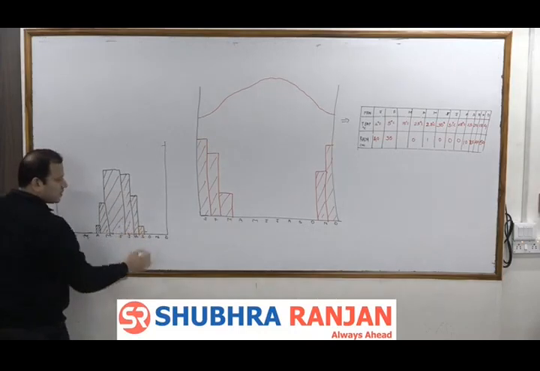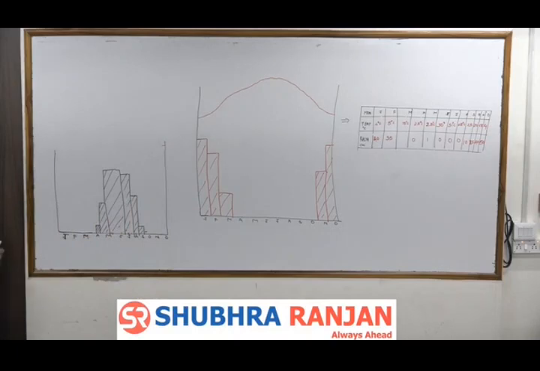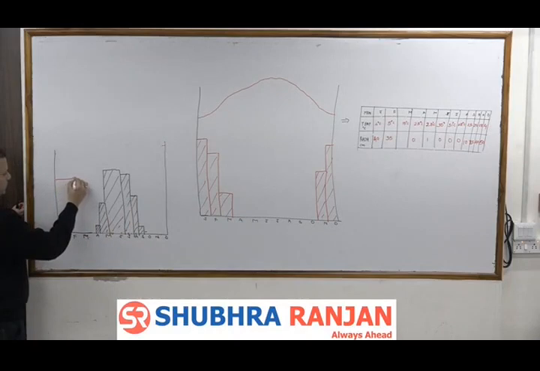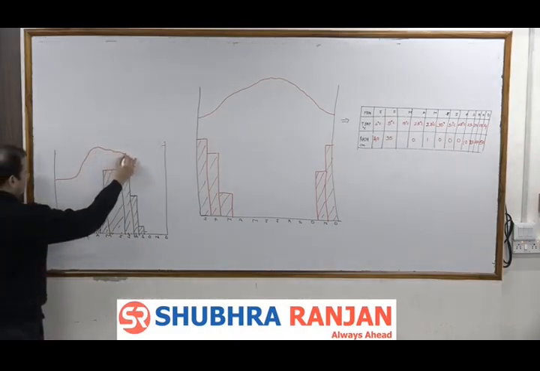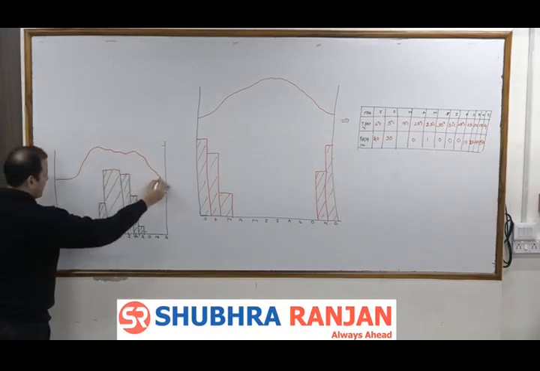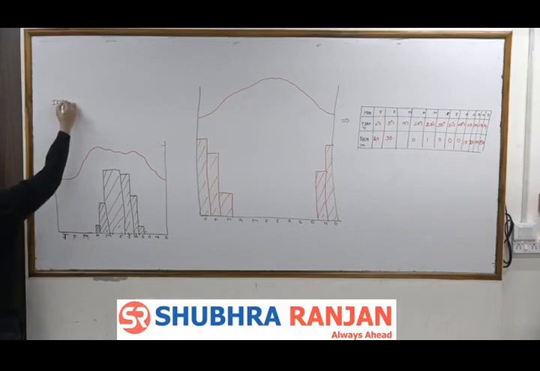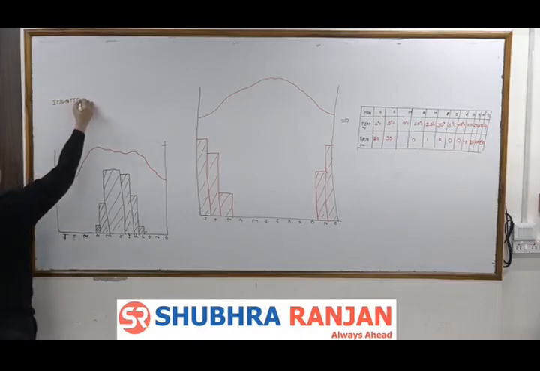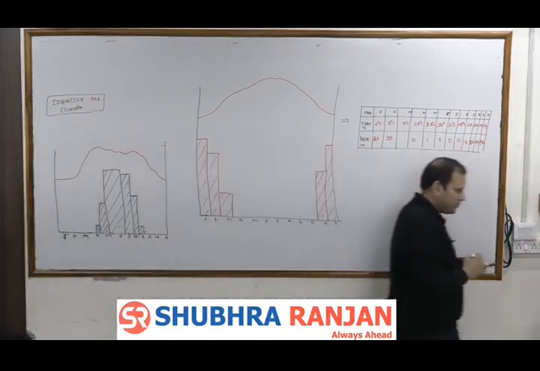Everyone clear with these diagrams? What are these diagrams? So identify the type of climate.